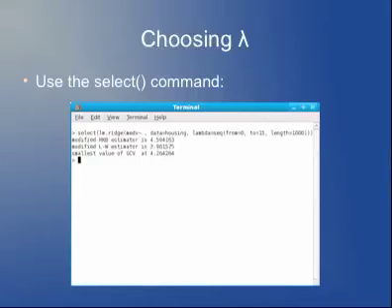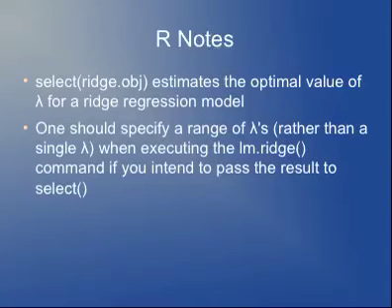But in general, if you say select(ridge object), it'll give you an estimate of the optimal value of lambda, and you'll want to specify a whole range of lambdas rather than a single lambda if you want to pass the results to select. If you only try one value of lambda and pass it to select, well, it'll tell you to use the lambda that you tried because it was the only one that you tried.